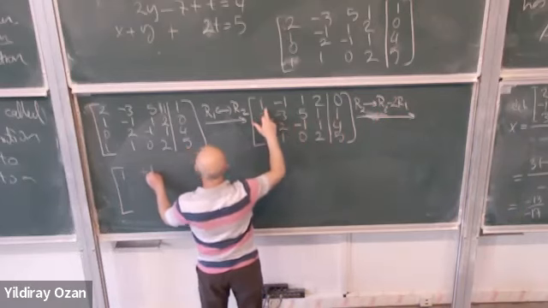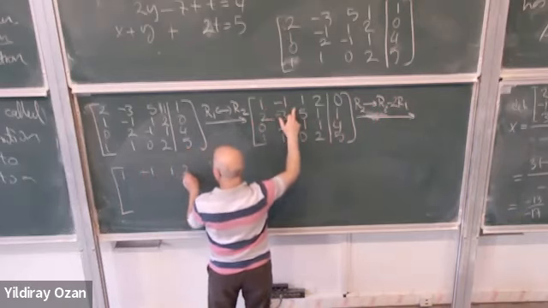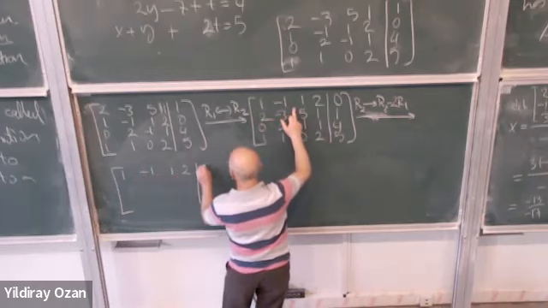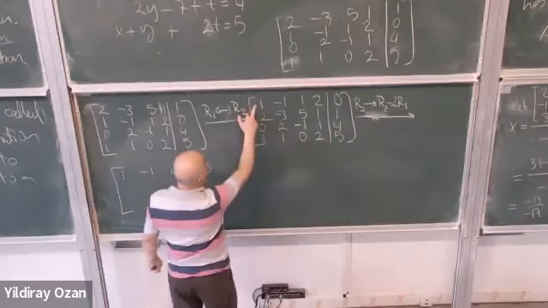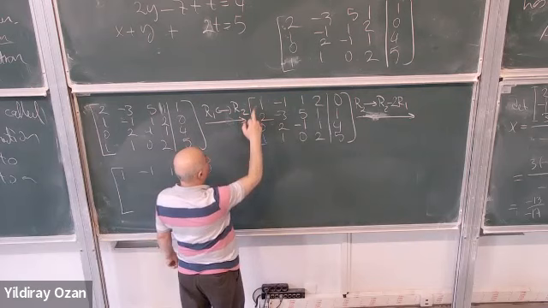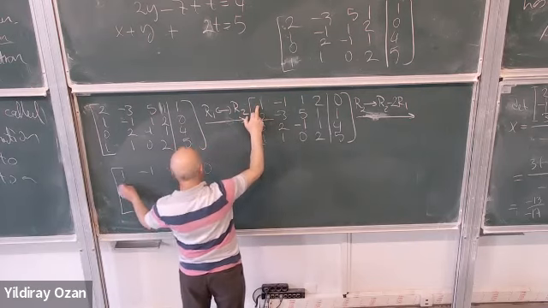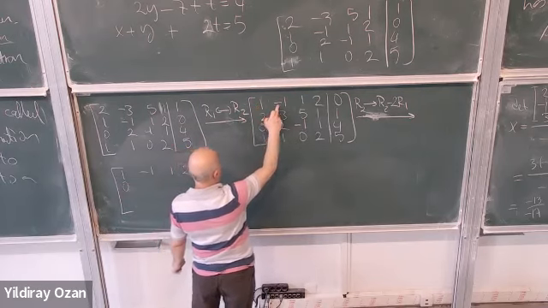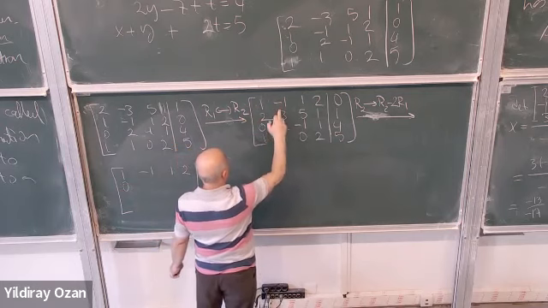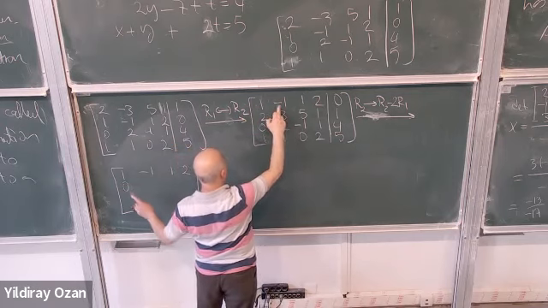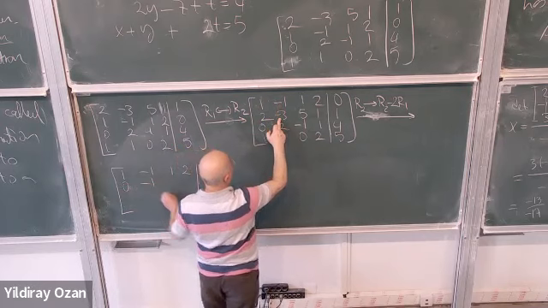What is the result? First row doesn't change: 1, minus 1, 1, 2, 0. I multiply this by minus 2, add to this one, so this becomes 0. Minus 2 times minus 1 plus 2, add to this one, minus 1.